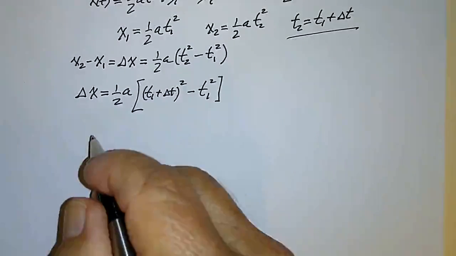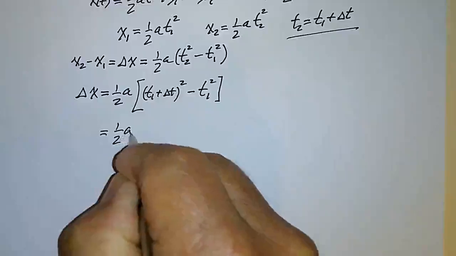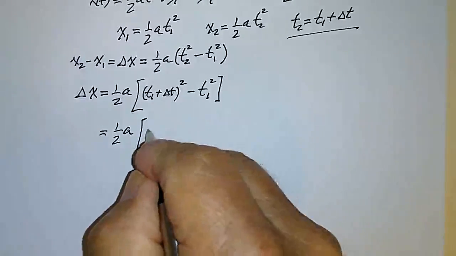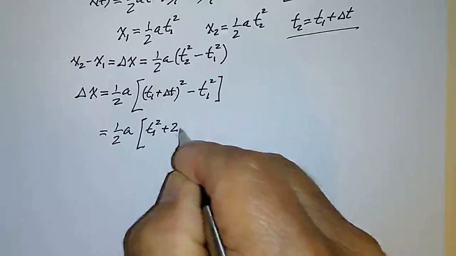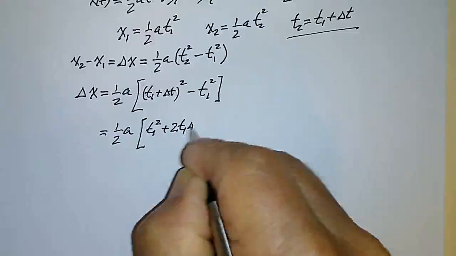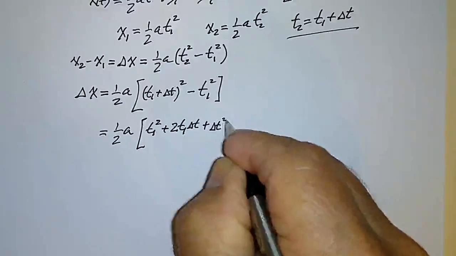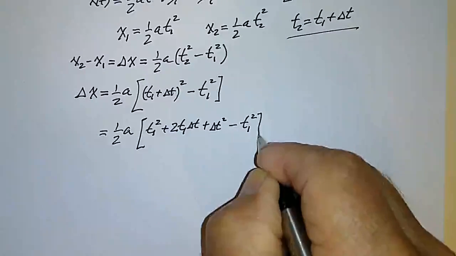So I'll do a little bit of algebra here. This is equal to 1/2 a times, well, expanding this, t1 squared plus 2 times t1 delta t plus delta t squared minus t1 squared.